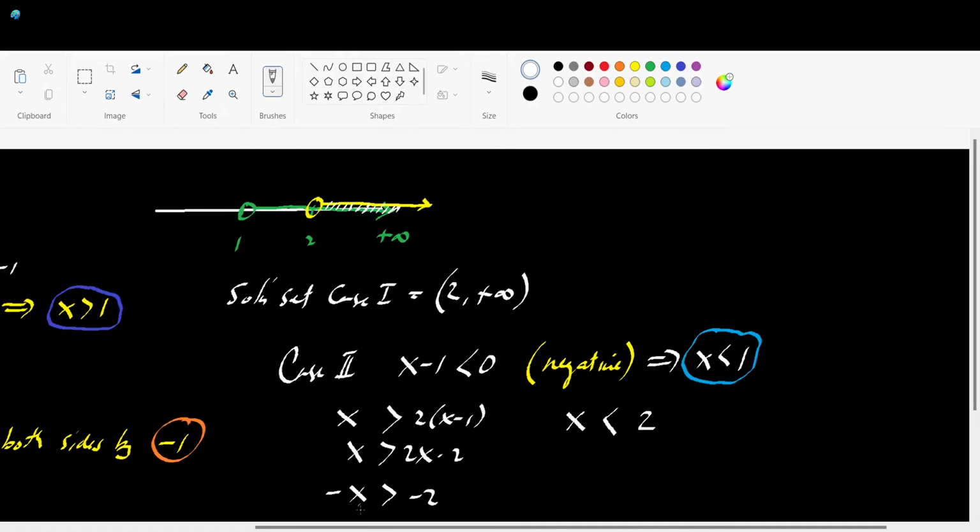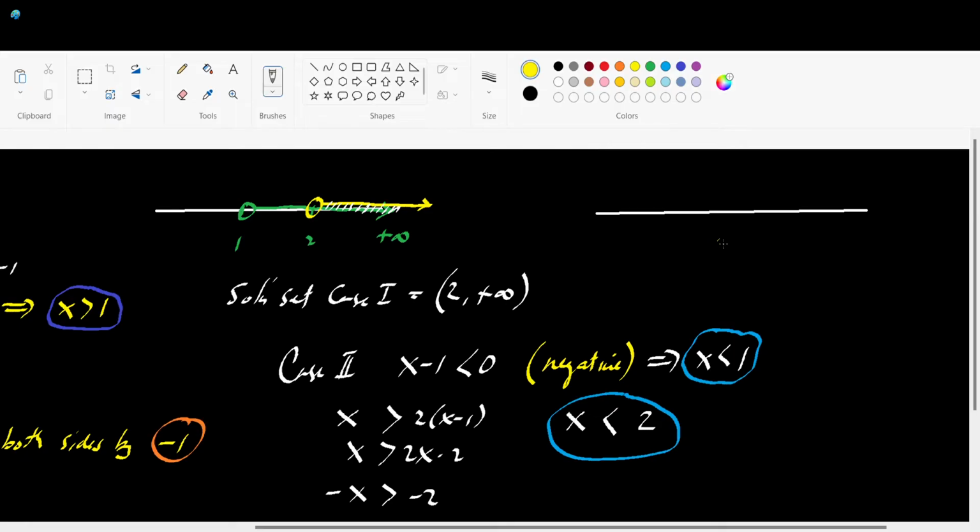So negative x is greater than negative 2. We multiply both sides by negative 1, and being negative, greater than becomes less than. And x is less than 2. So that is the other inequality. We generated the inequality x less than 2 starting from x less than 1. So let us find the solution set for case 2.